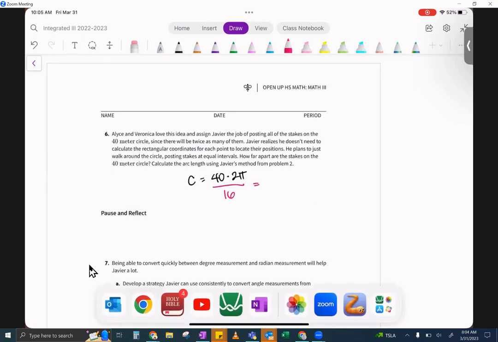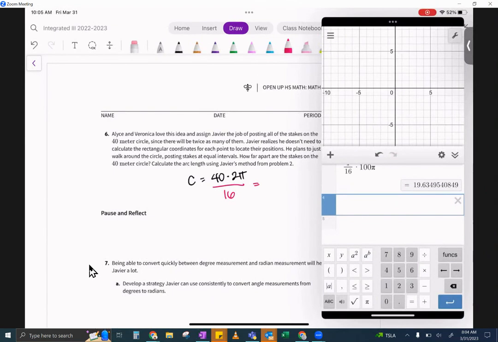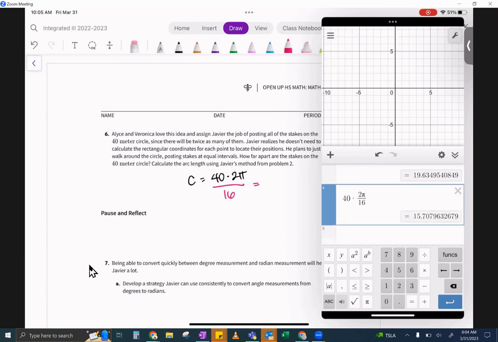And that's equal to, let's see what that equals. So we got 40 times 2 pi divided by 16 gives us about 15 between the two of them, right? And then we have to divide that by 2, right? Does that make sense? So now we're going to divide that by 2. No, I don't want to do that, sorry.